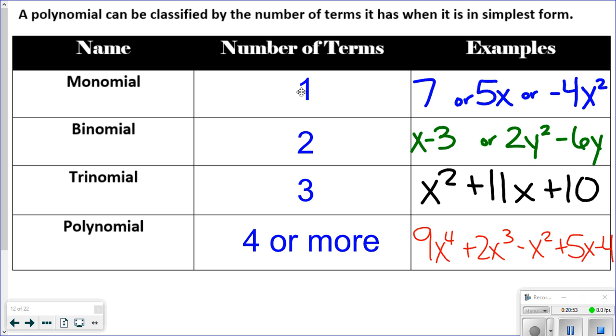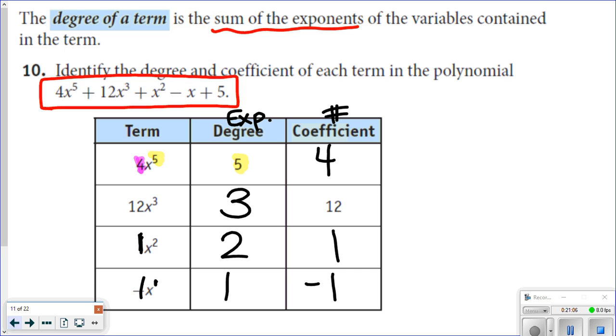So that has 5 terms. I call it a polynomial. 3 terms, trinomial. 2 terms, binomial. All right.